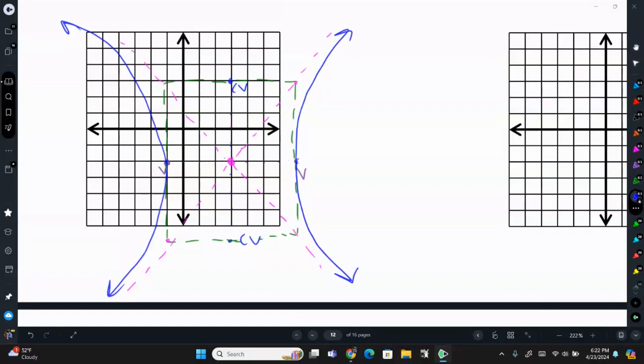So that would be the drawing of this hyperbola. It's a little bit more complicated than the ellipses, and it looks a lot messier, but again, with more practice, it does not take much time at all.